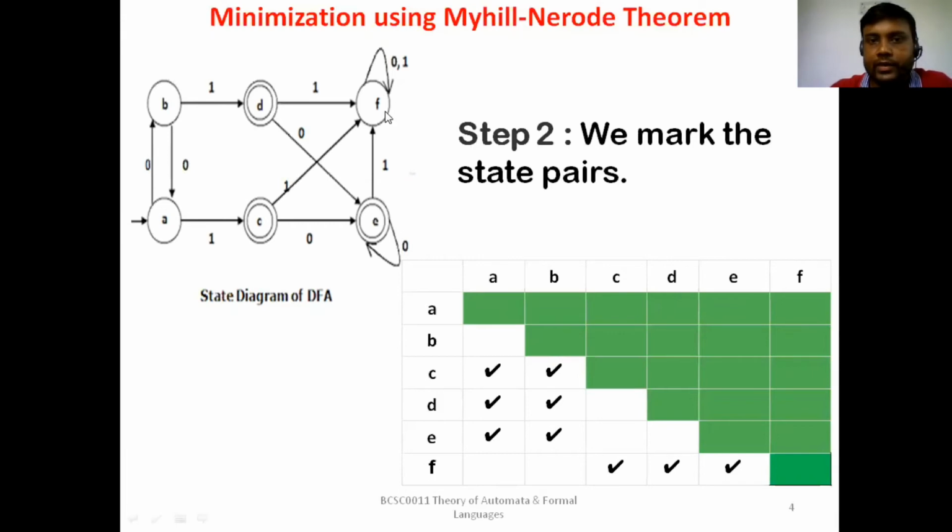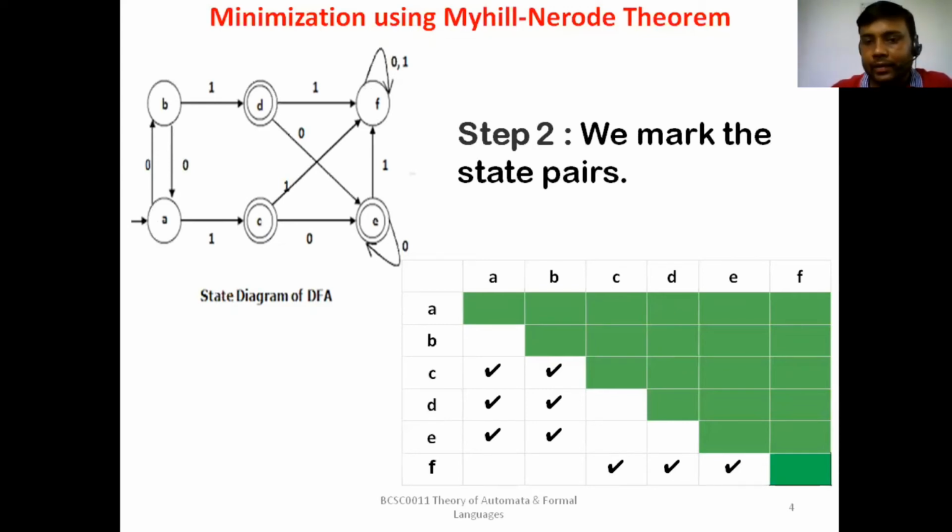And the pair CF is already marked. The zero input for the pair AF leads to CF, and this CF pair was marked initially in step 2.